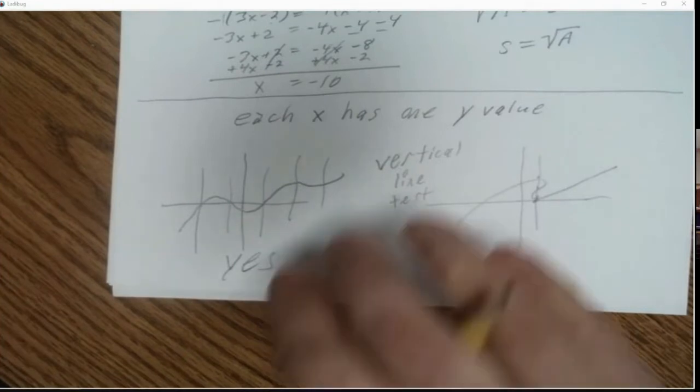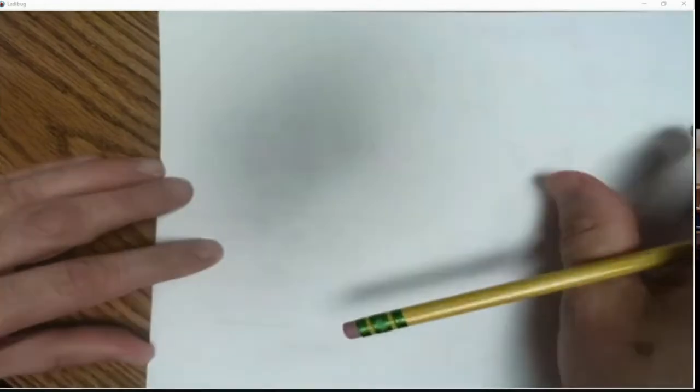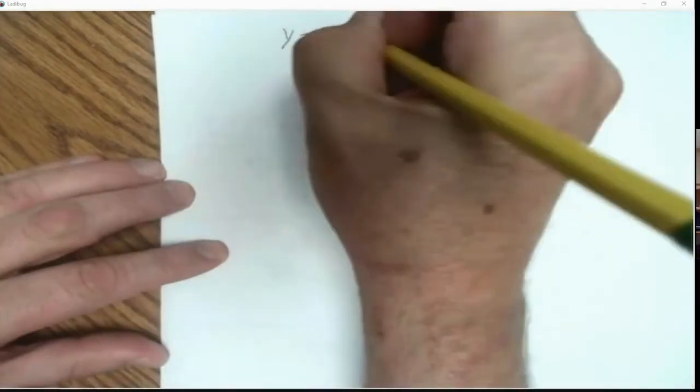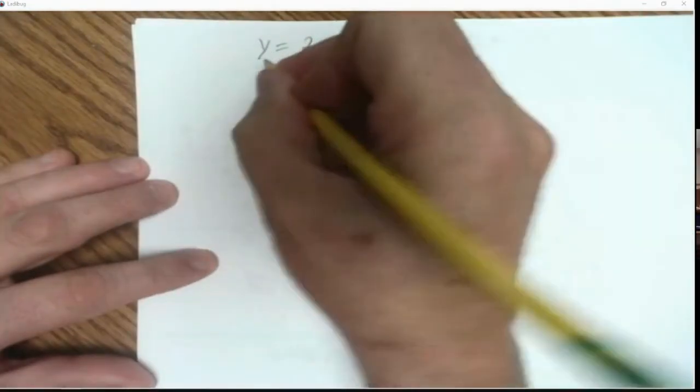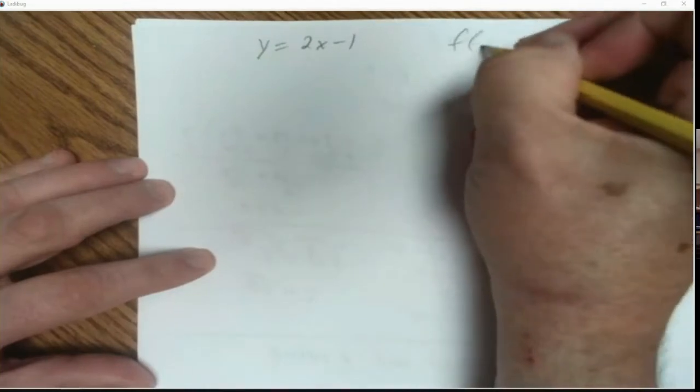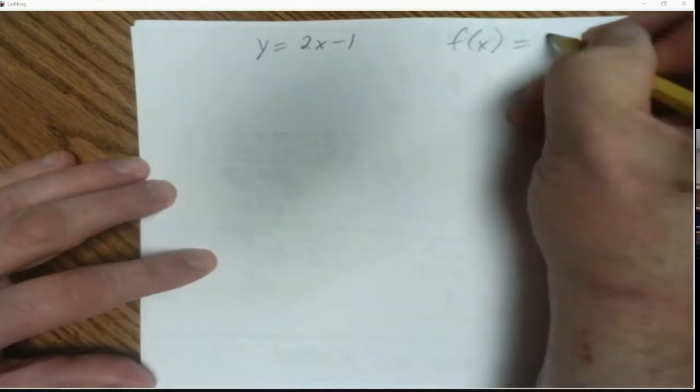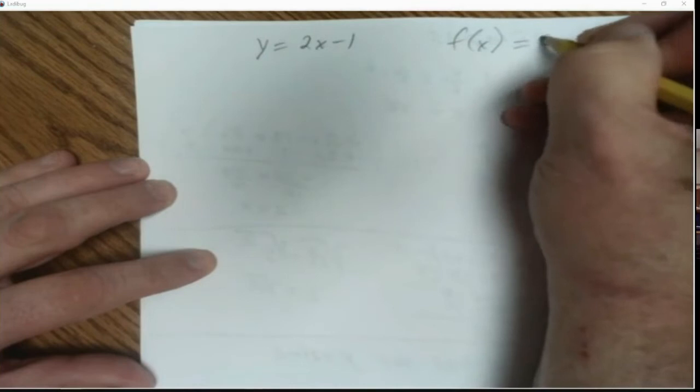So, all right, let's talk about function notation. We can have y equals 2x minus 1, and that's a function. But under function notation, we substitute the y to be f of x equals 2x minus 1.